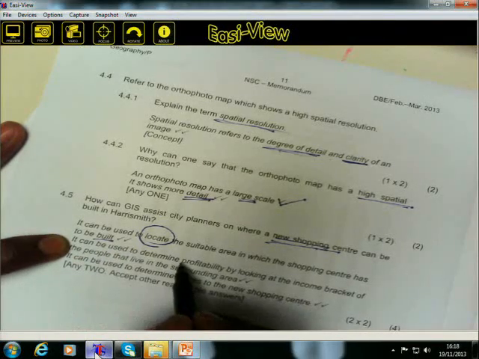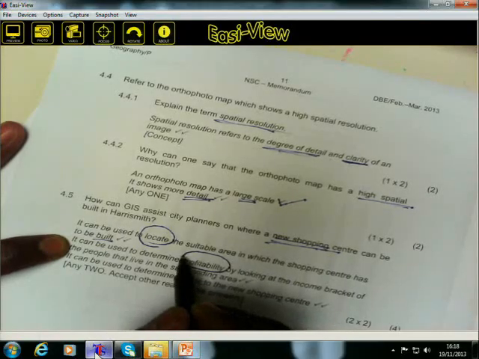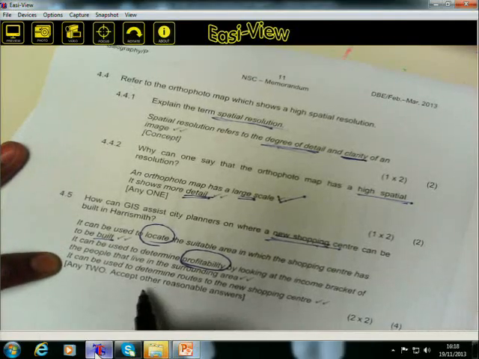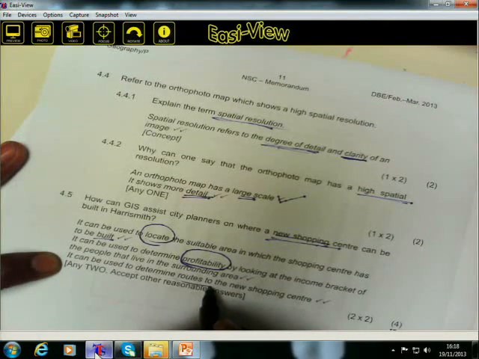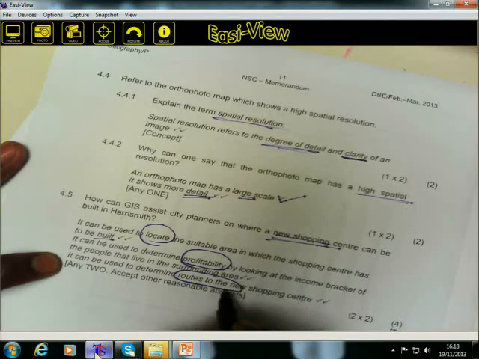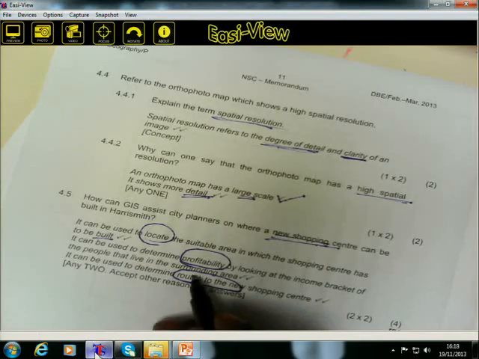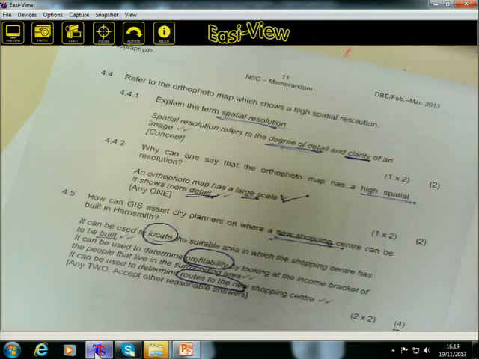It can also help you to talk about the profit that you'll be making, because it is important as a business person. It can also be used to determine the route. If you want to move from this place to another place, then what will be the route that you can use?